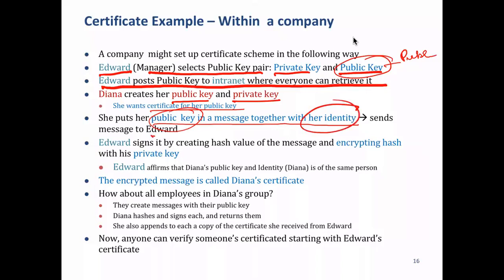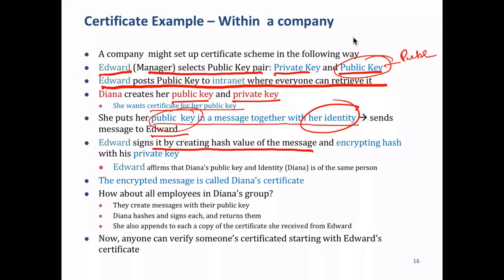Now what Edward will do: Edward will look at the identity and verify whether Dinah actually exists or not. Once he does that, Edward will sign it by creating a hash value of the message which he has received, which is nothing but the identity and public key of Dinah.